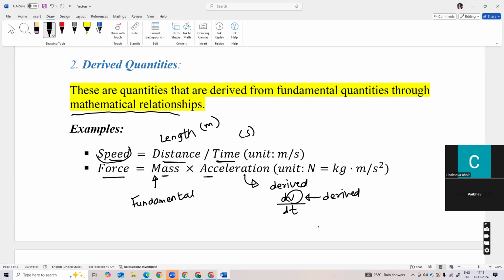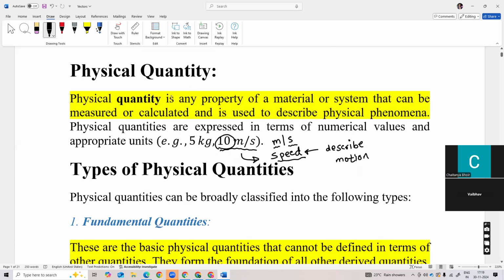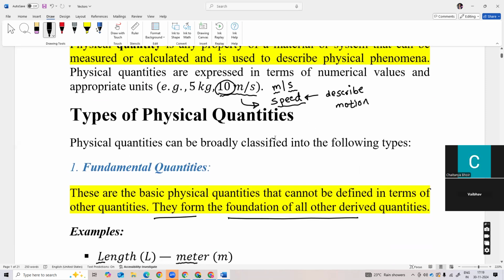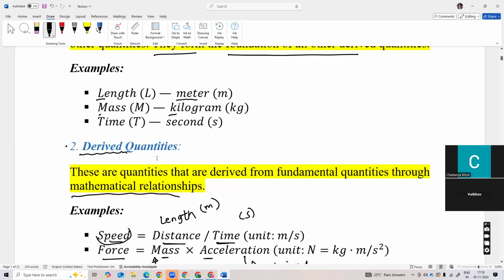These derived quantities are derived from fundamental quantities through some mathematical relationship. So this is the classification of physical quantities. A physical quantity is any property of a material or system that can be measured or calculated and is used to describe physical phenomena, and we classify them as fundamental quantities and derived quantities.